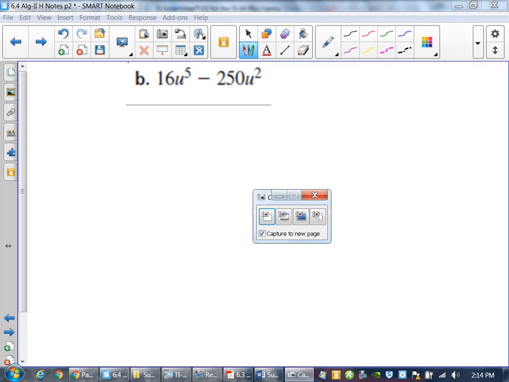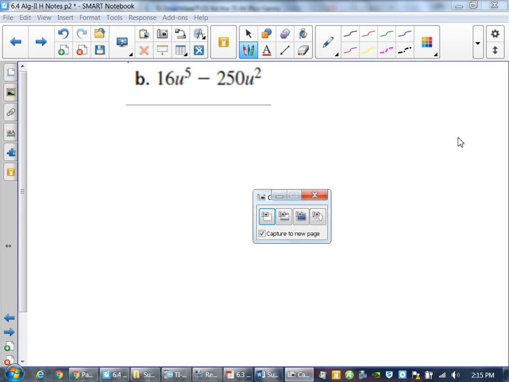When I do the other one, what's the first rule of factoring, no matter what? GCF. What's the GCF of 16x to the 5th minus 250x squared? Is it okay if I keep saying x? Yeah. By all means, because they use all the different letters, it's just kind of silly. What is the GCF?